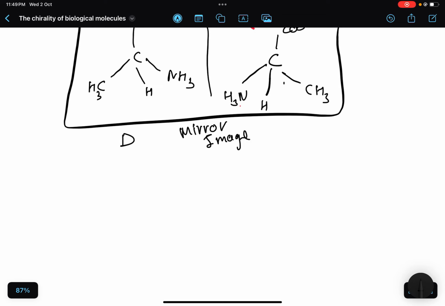This is D and this is L. This is called L amino acid and this is called D amino acid. L is left-handed and D is right-handed.